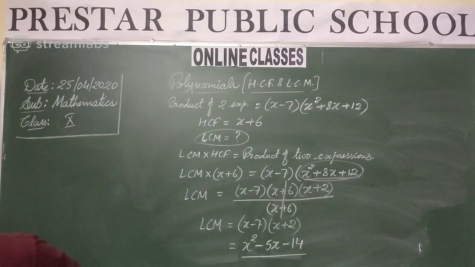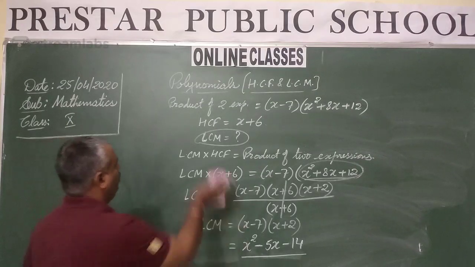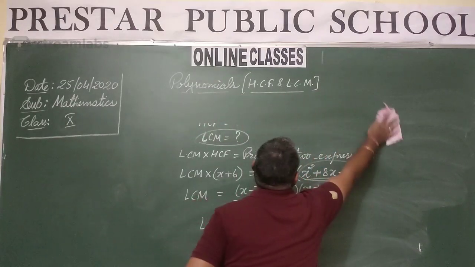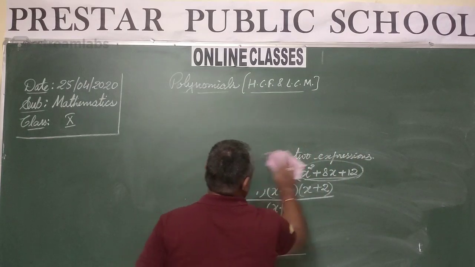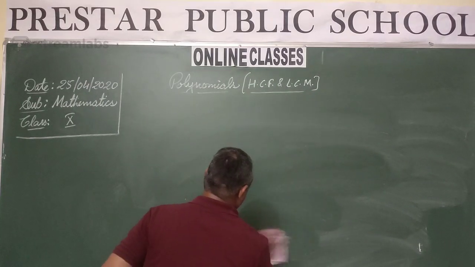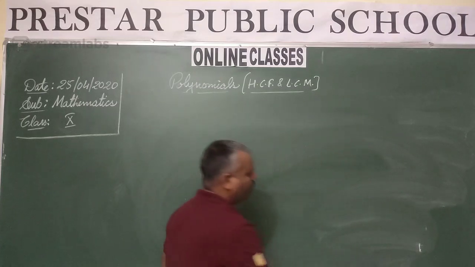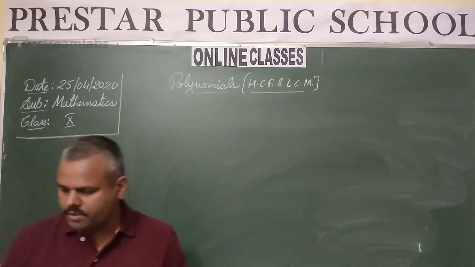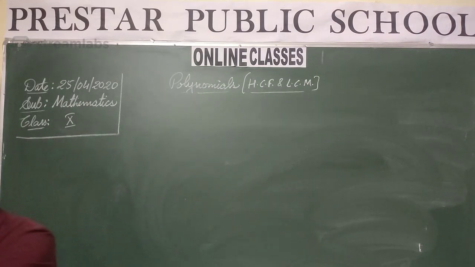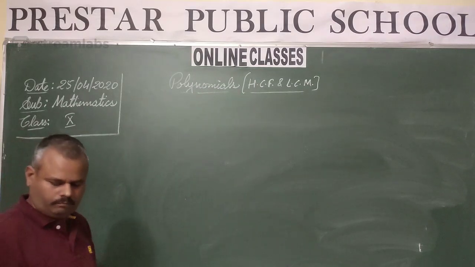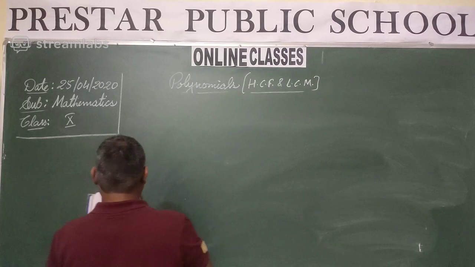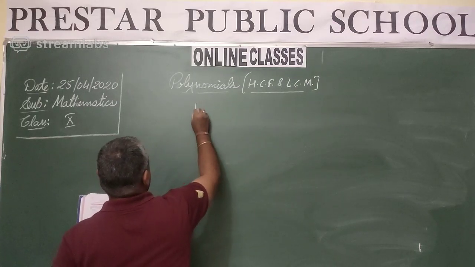Let's have one more question on this, the last question of this part, and you can also say that it will be the last question of the chapter. It will complete the chapter, the topic polynomials. So the question here is, you are given the HCF and LCM.